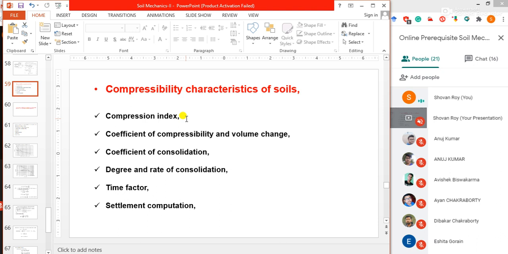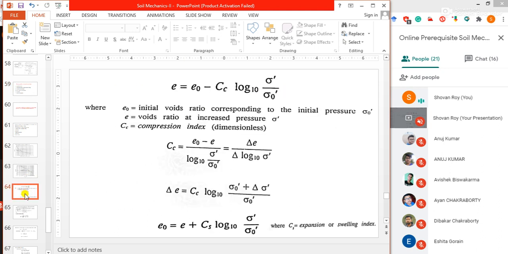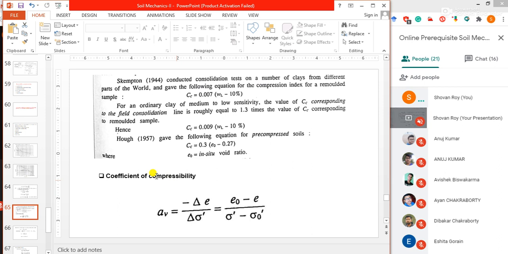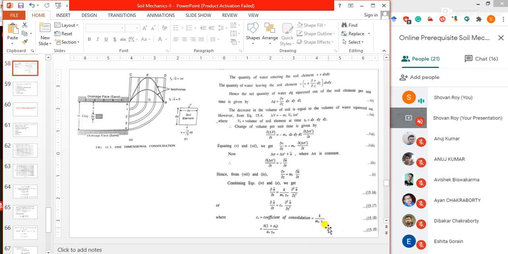It is defined as the decrease in void ratio per unit increase of pressure. This is the coefficient of compressibility, and why is it also used in the coefficient of consolidation?